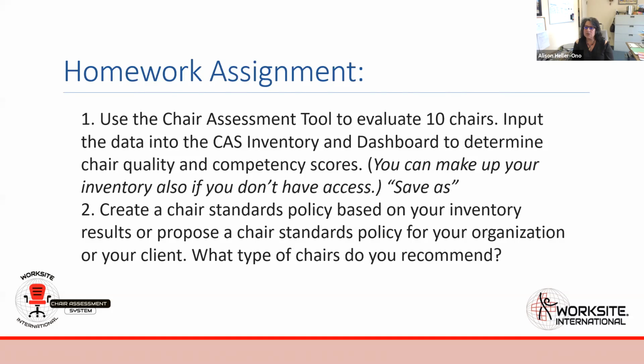The second part is to create a chair standards policy based on your inventory results, or propose a chair standards policy for your organization or your client, and what type of chairs you might recommend to them based on your evaluation of your inventory and whether that inventory is really achieving the goals that you want it to. I think that this is probably a 1 to 2 hour assignment for you guys.